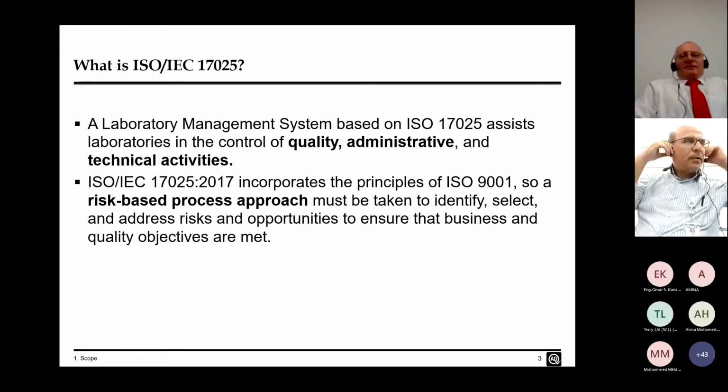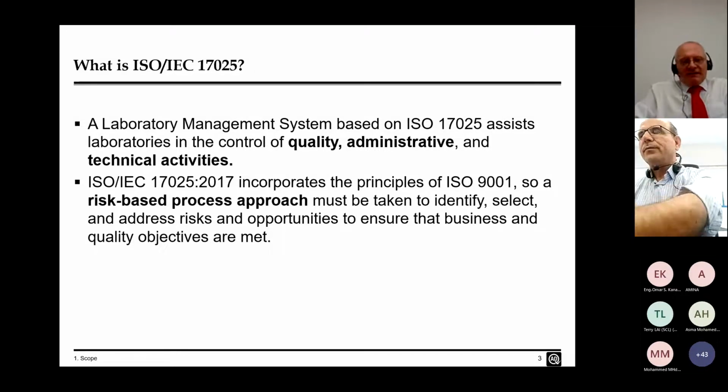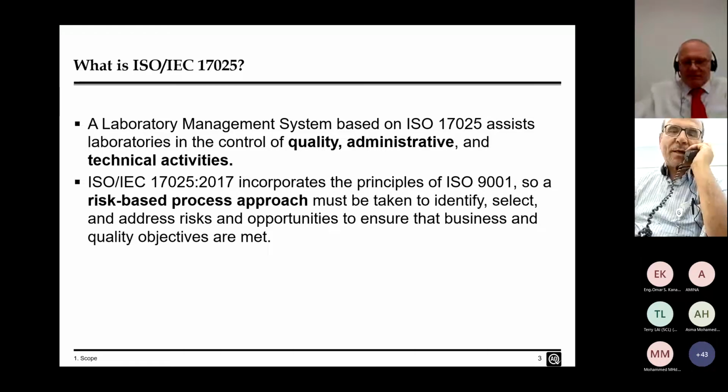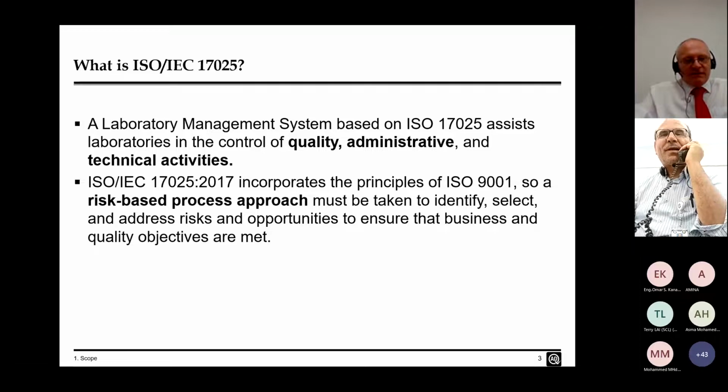Right. So what is ISO IEC 17025? A laboratory management system based on the 17025 standard. It makes sure that laboratories have control of their quality, administrative and technical activities. And it's based broadly on the principles of ISO 9001. So that's meant that the new version, 2017, has adopted two things.